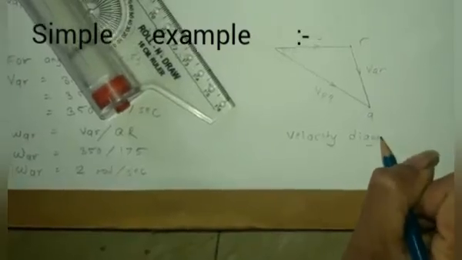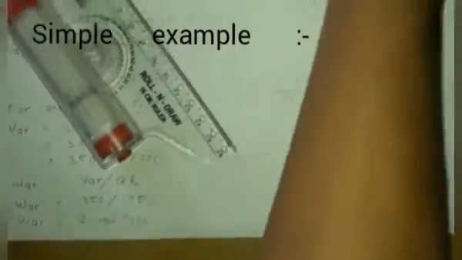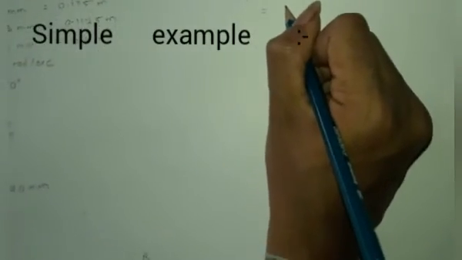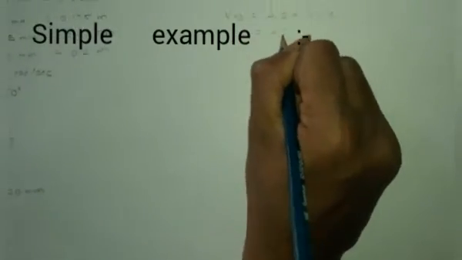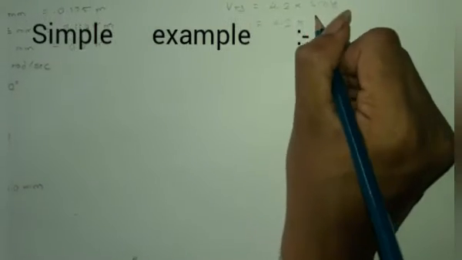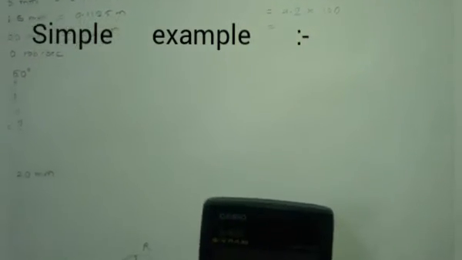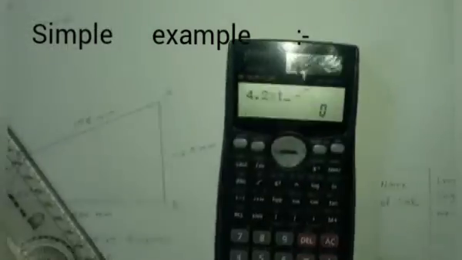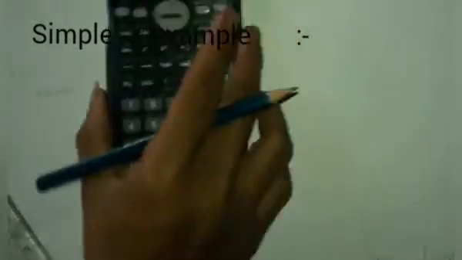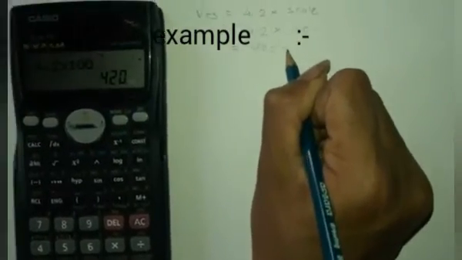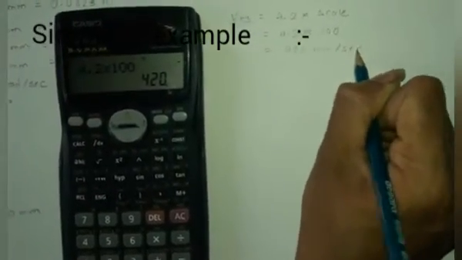So this is our velocity diagram. Here VRS equals 4.2 into our scale, which is 100, so it will be 420 mm per second.